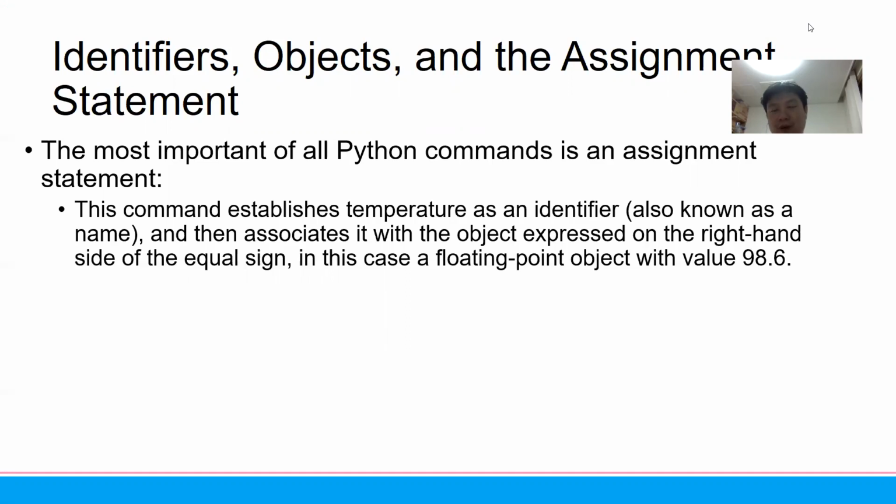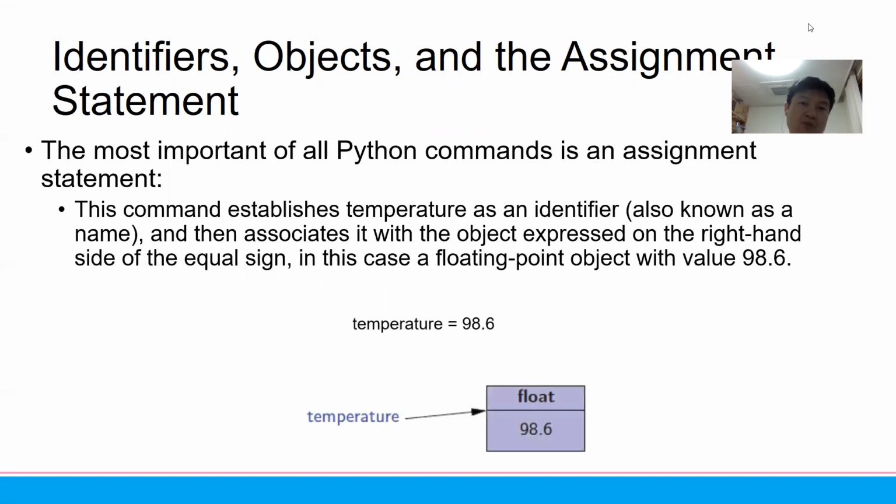If you have the value of double, then you have double x. But in Python, you do not need to declare the variable with the data type. You can just make any variable as long as it does not conflict with Python, and you can put the value directly, 98.6, and Python will automatically know that it is a float.